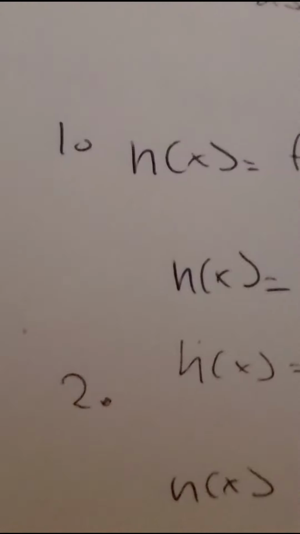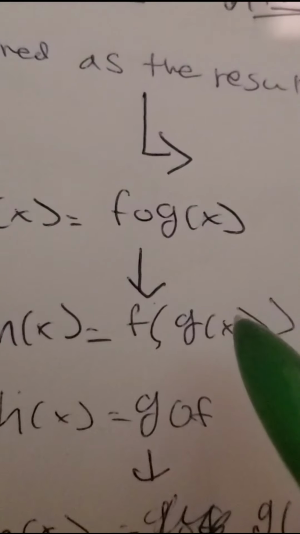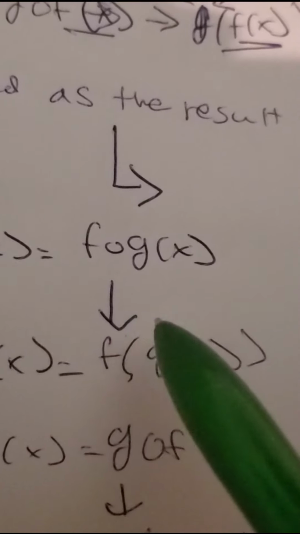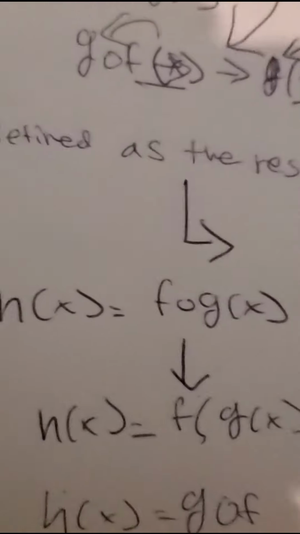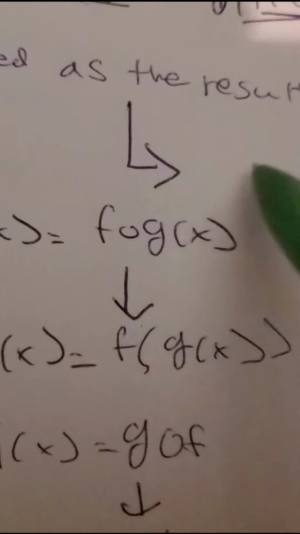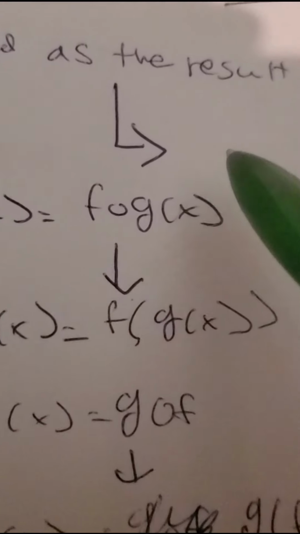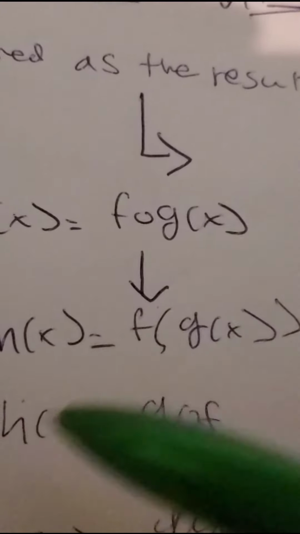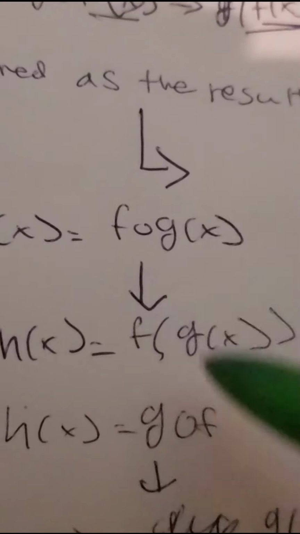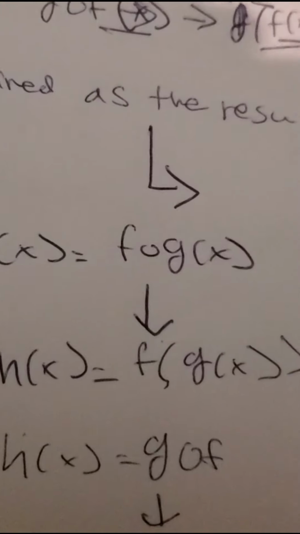In the first case, H of X is equal to the composition of G inside of F, F∘G, or in simpler terms, the function H with respect to X is pretty much F with G plugged into it.